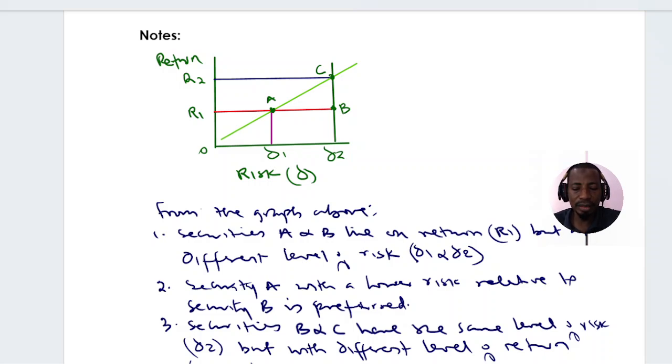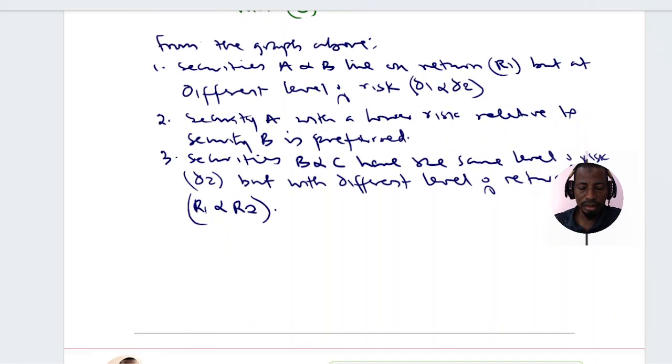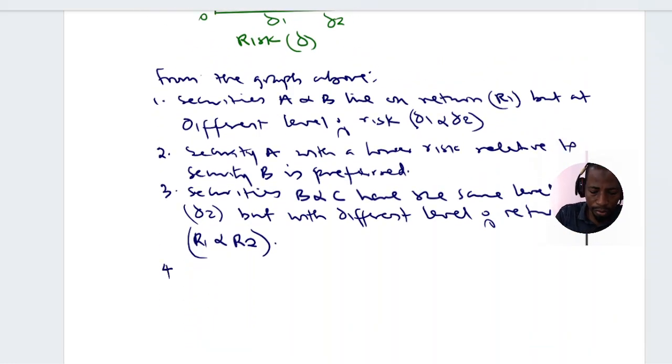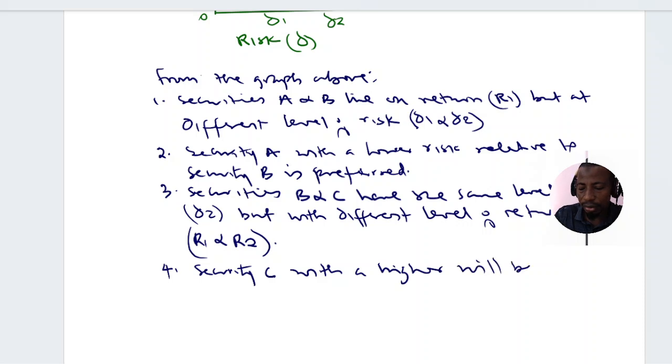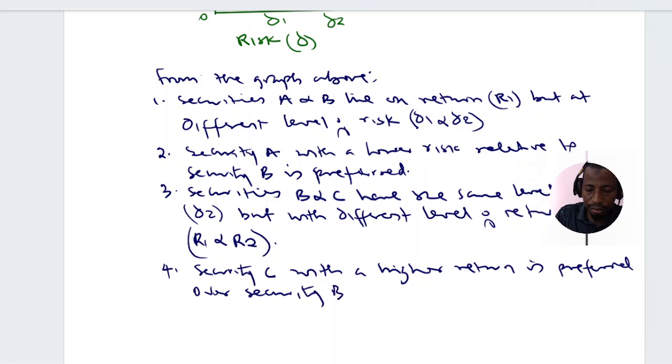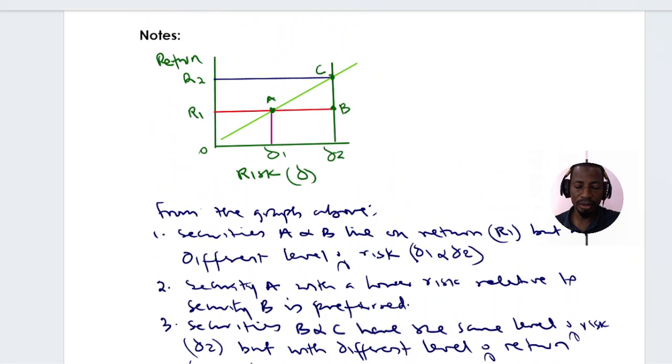Certainly, since B and C have the same level of risk, but security C has a higher return, therefore security C. Point number 4, security C with a higher return will be selected or is preferred over security B. Okay, that's another point.